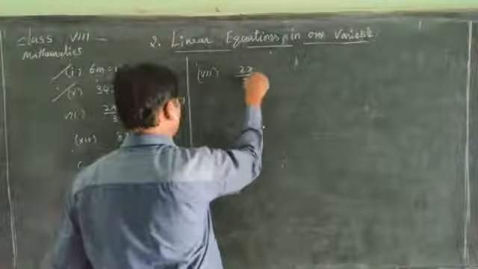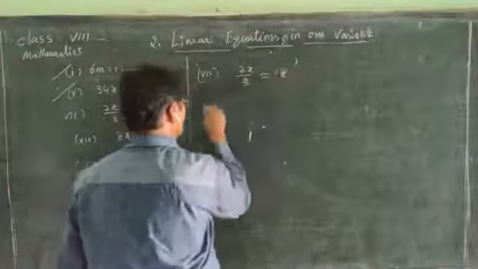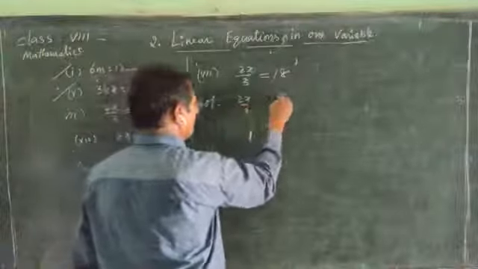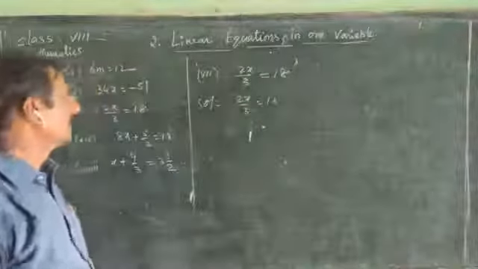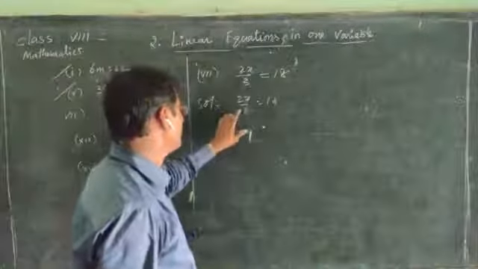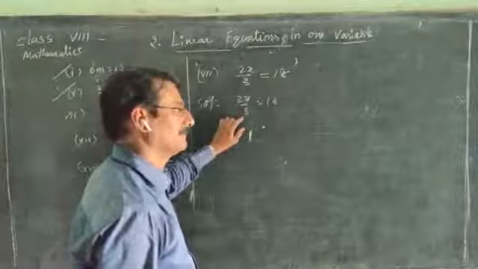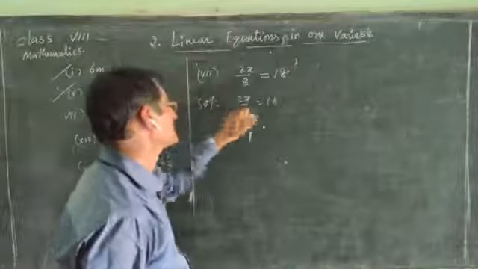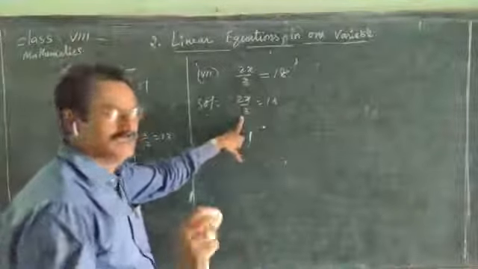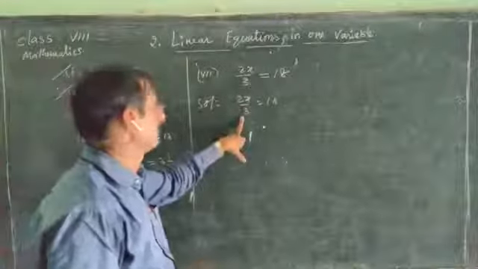2x by 3 equal to 18. On the left side, in the denominator part, 3 is there. That means it divides 2x. So 3 is the divided by quantity.